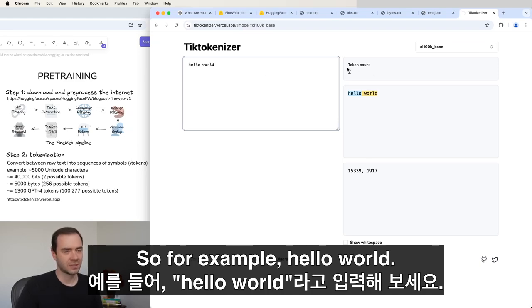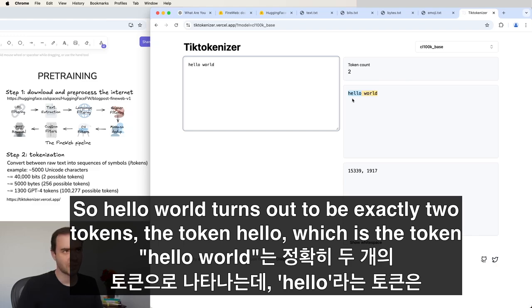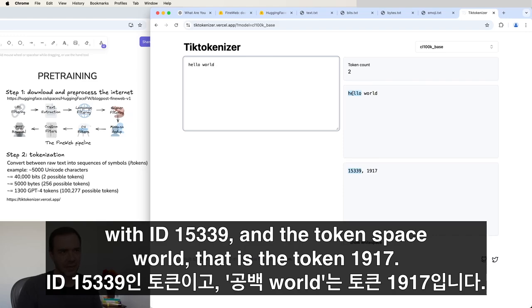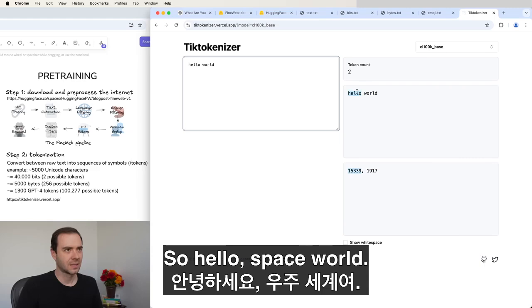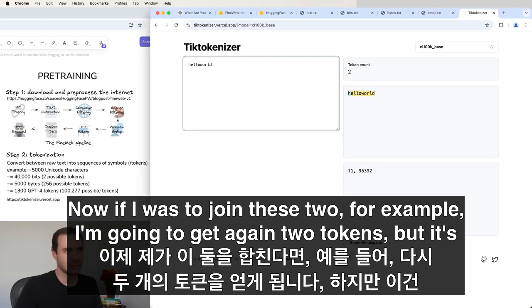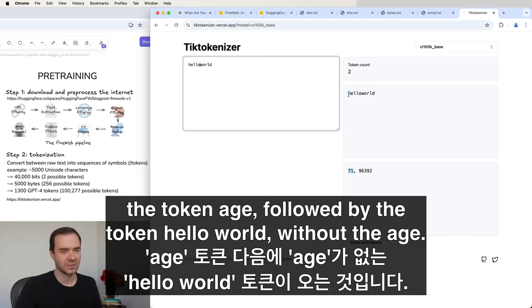So "hello world" turns out to be exactly 2 tokens: the token "hello", which is the token with ID 15339, and the token " world", which is the token 1917. Now, if I was to join these two, for example, I'm going to get, again, 2 tokens, but it's the token "H" followed by the token "elloworld" without the H.